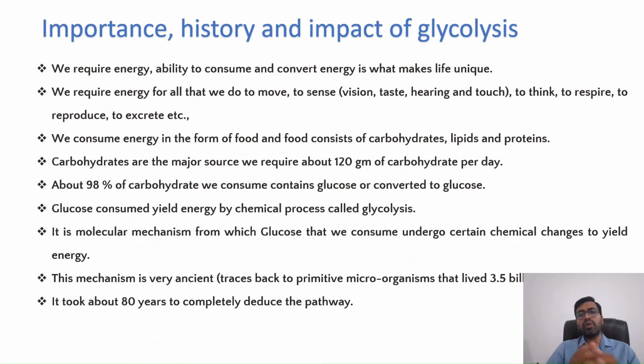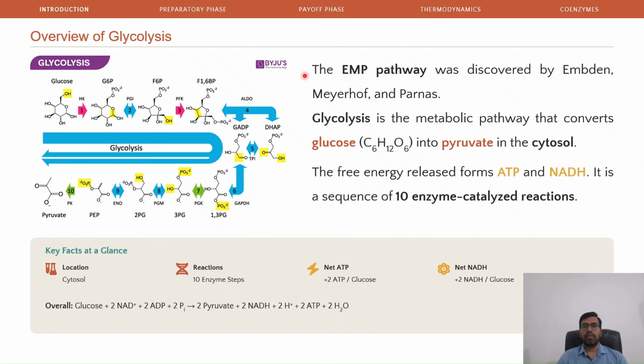It took about 80 years to completely work out this glycolysis chemical pathway. It is also called the EMP pathway, which stands for its discoverers Embden, Meyerhof, and Parnas. These are the three German scientists who worked to understand how glucose is converted into pyruvate.